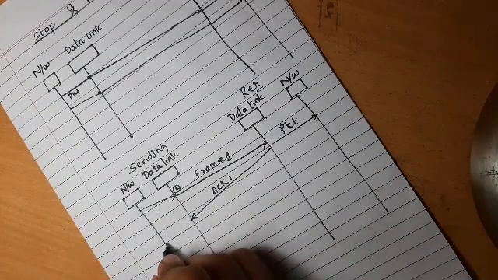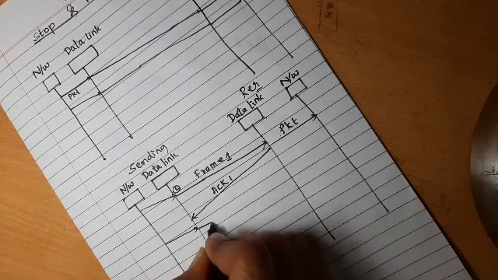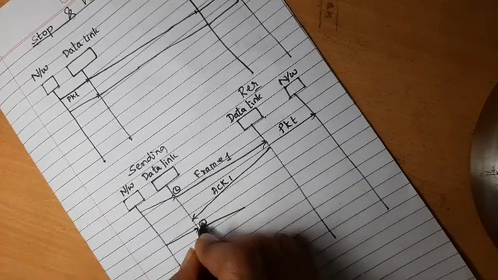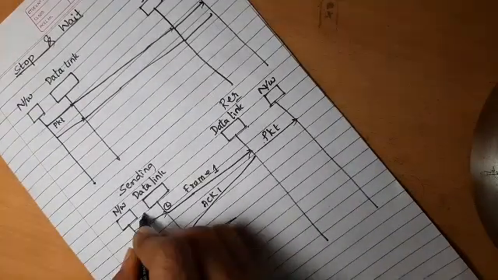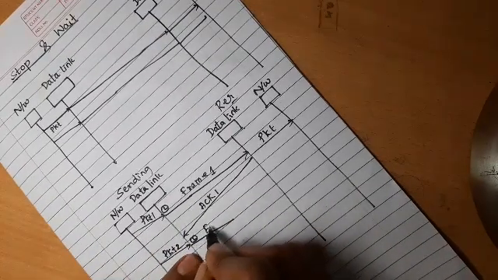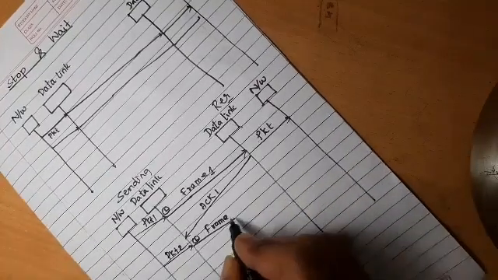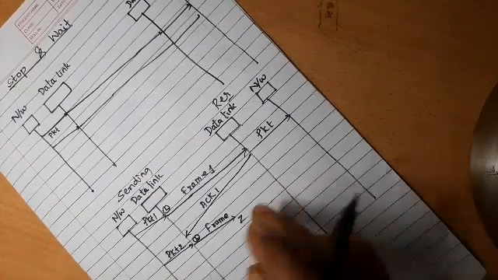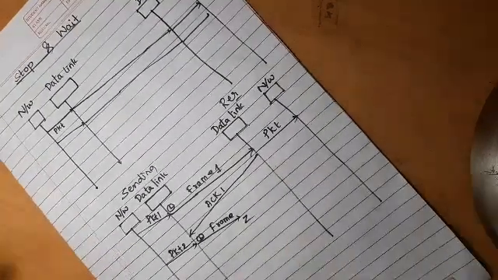I will assume that the second packet arrives over here, and the sender converts that to a frame and sends it. I will assume that this frame is lost or corrupted or something has happened to it, and it has not arrived at the receiving side.